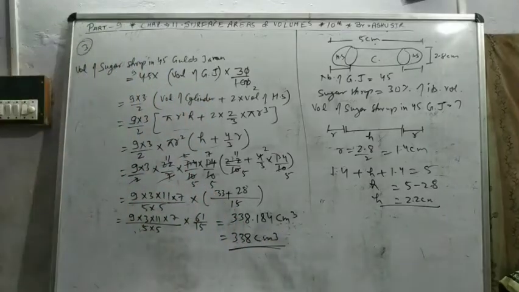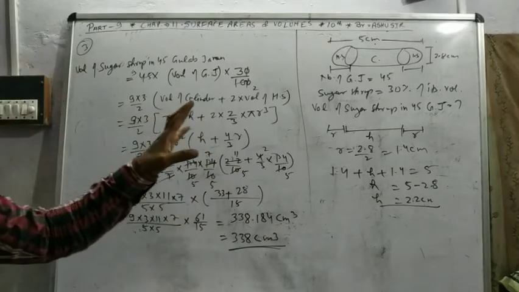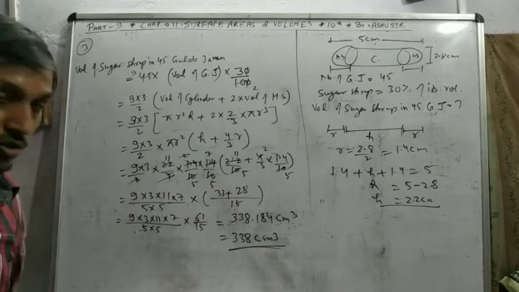This 338 centimeter cube is the volume of sugar syrup in all 45 gulab jamun. Okay, pause, and note it down.